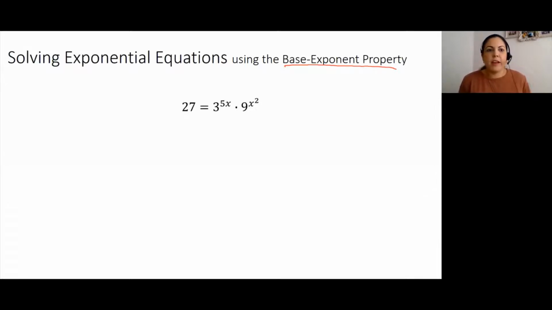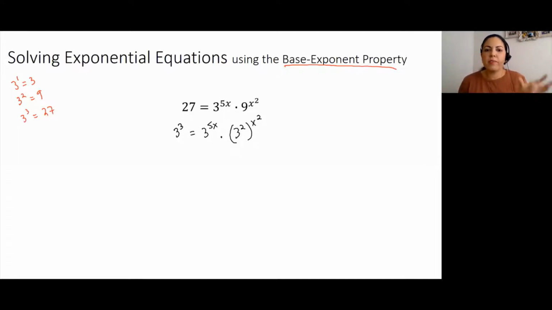So hopefully, if you're familiar with powers of 3, we see that these are all powers of 3. We can take 27 and rewrite that as 3 to the 3rd power. We can take this 3 to the 5x and leave it for now. This 9, we can rewrite that as 3 squared, but it's still being raised to the x squared power.